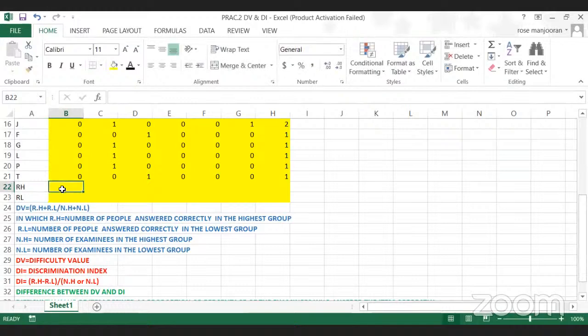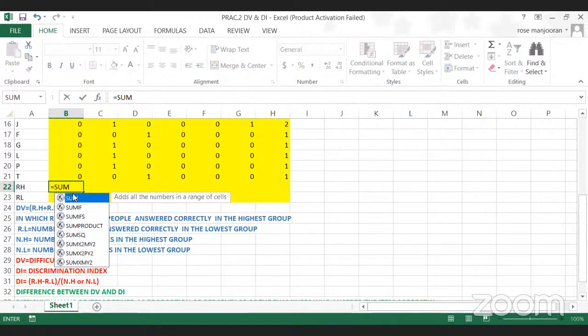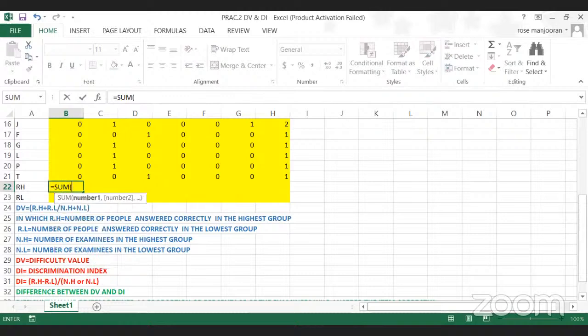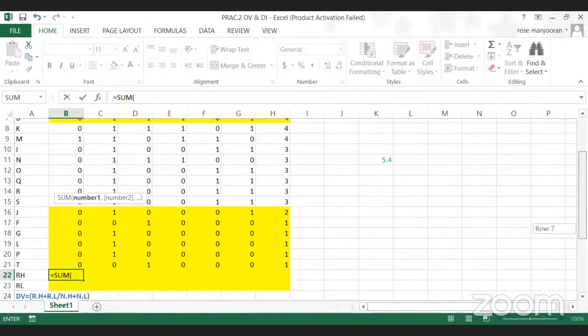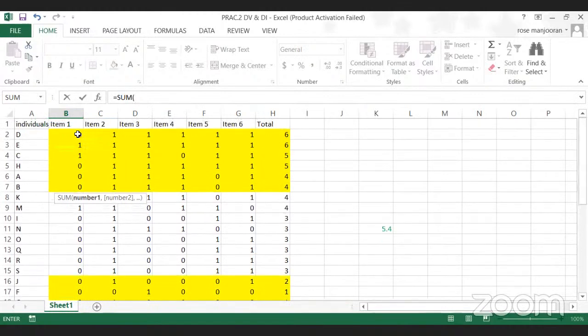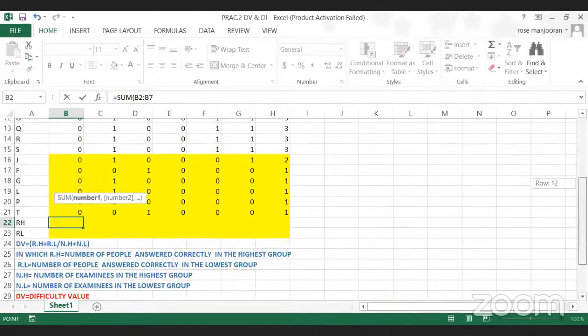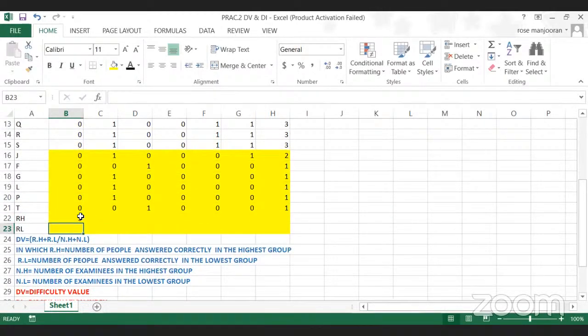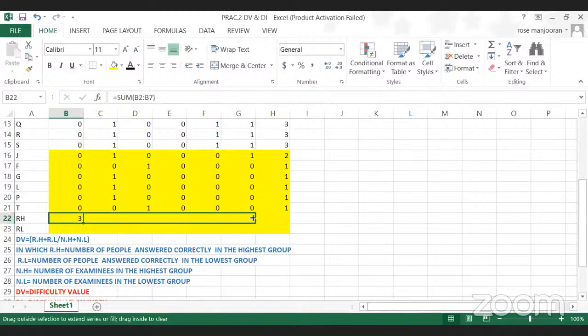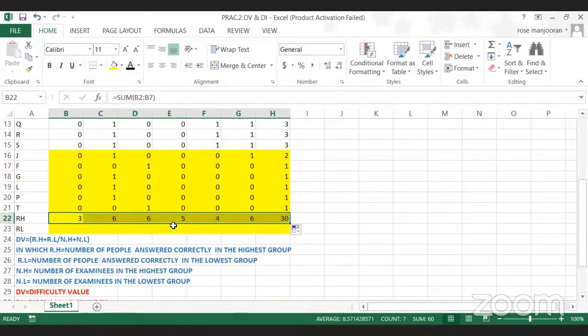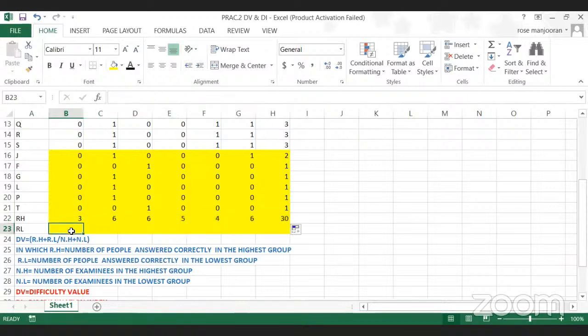So what we have to do is find the sum. We are going to find the sum from the highest. So go to the highest and select it, then enter. So you get 3 here. Then you drag, so you will get the others. Then we have to find the RL, that means from the lowest.